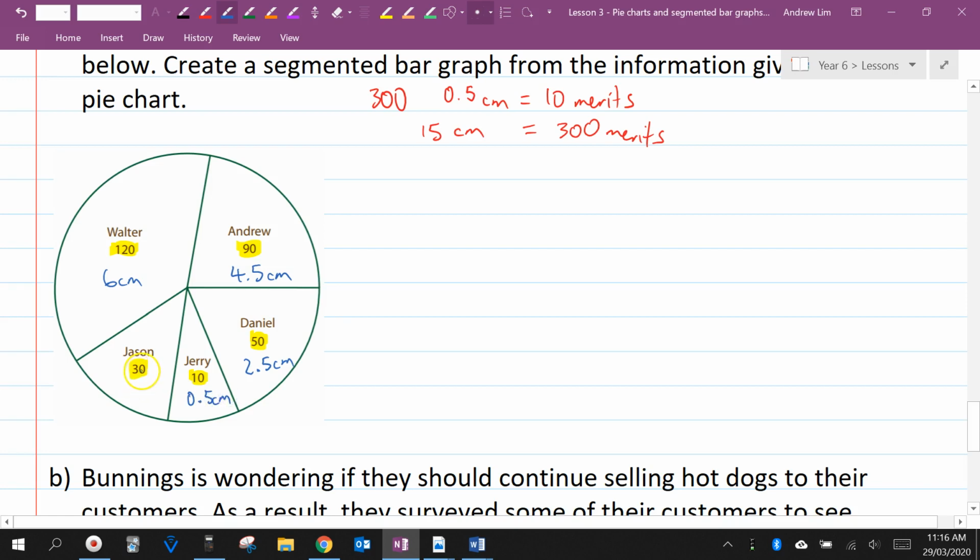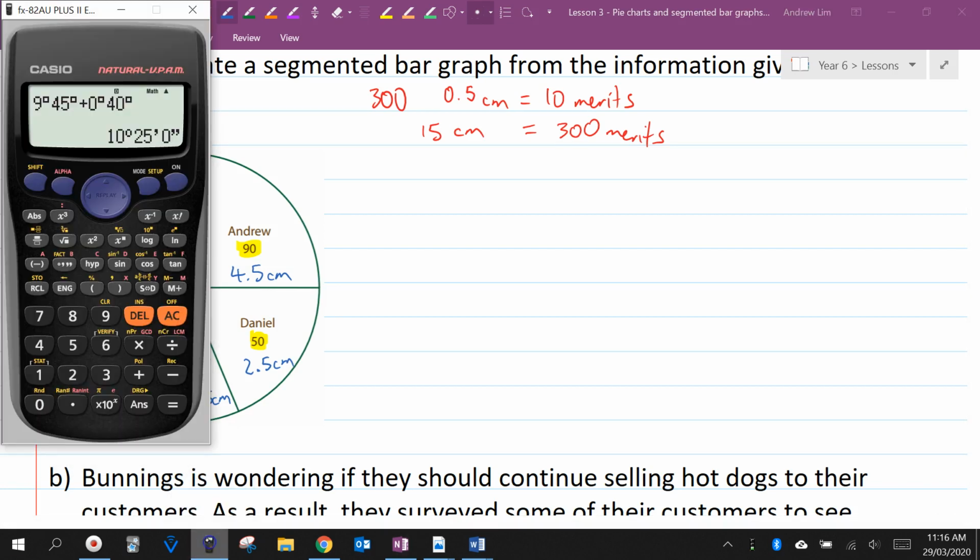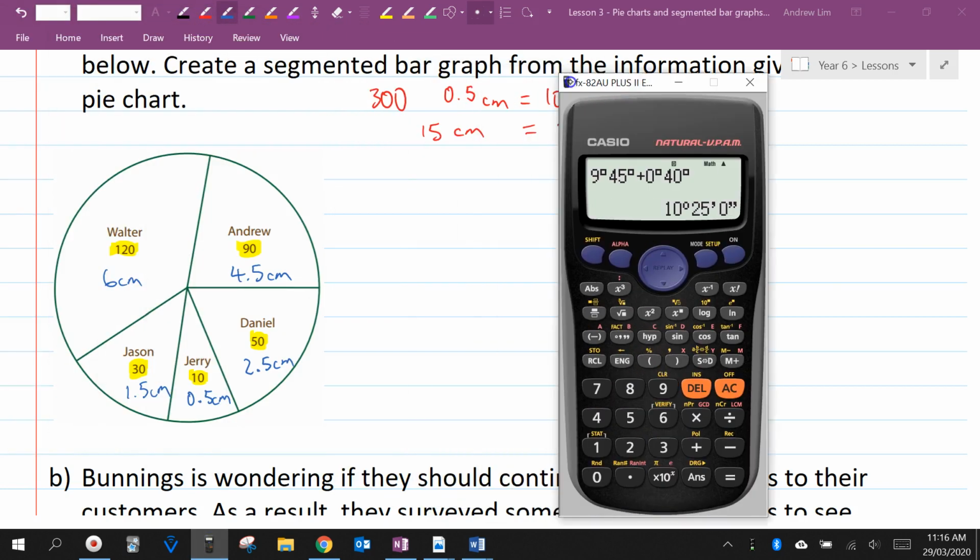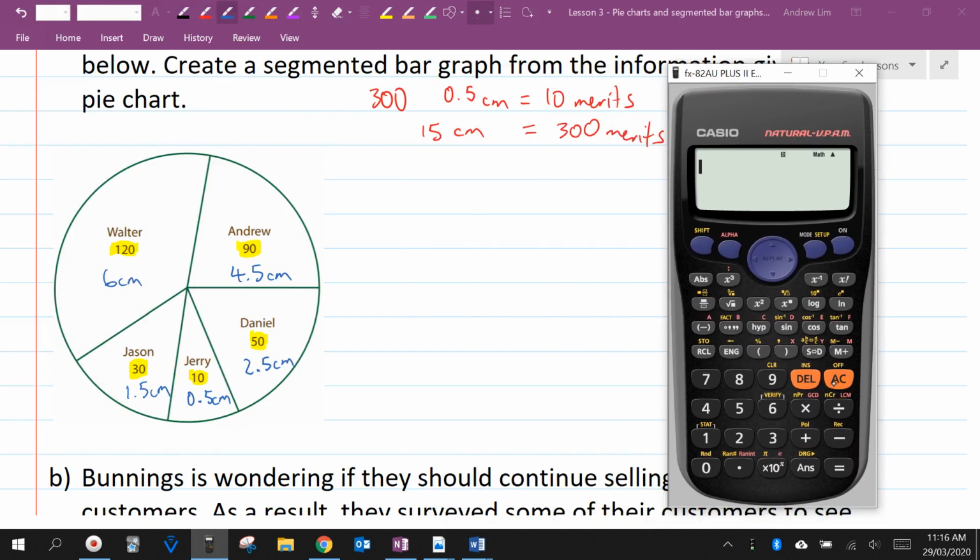And 30, half of that's 15. Divide that by 10 is 1.5. Okay, and so when we add each of these together, we'll have 6 plus 4.5 plus 2.5 plus 0.5 plus 1.5 is 15. That means the total length of the rectangle will be 15 centimeters, and that's good.